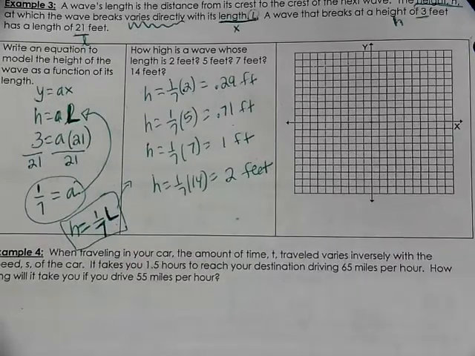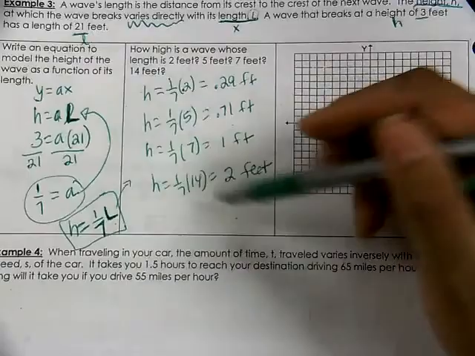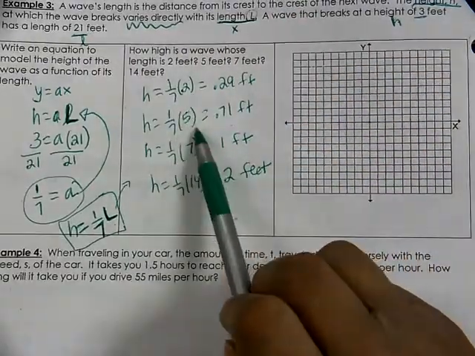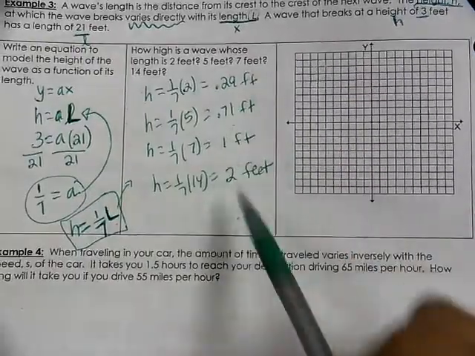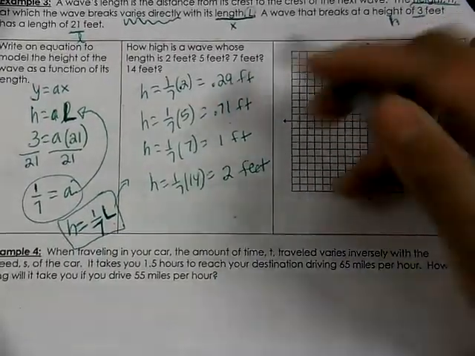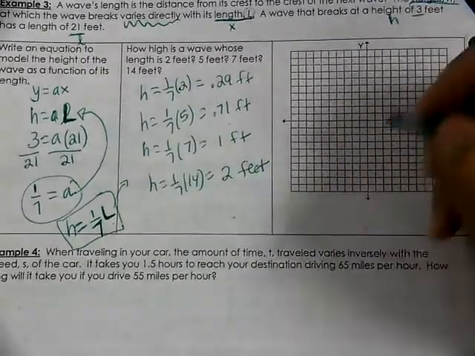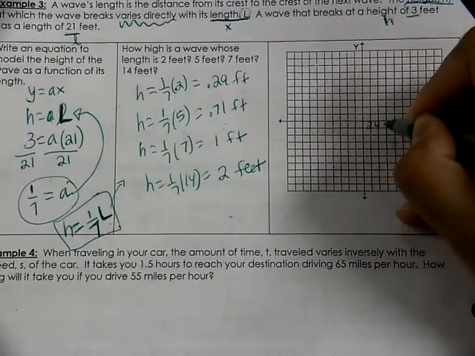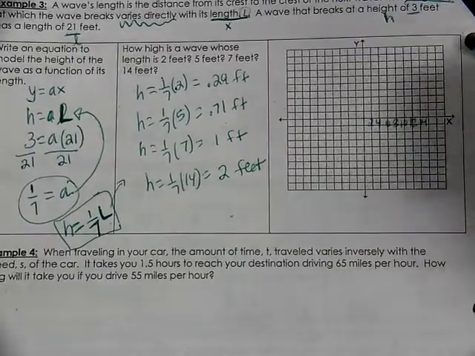All right, and then the last part is plotting the points, seeing what it looks like. It should be a line because it's direct variation, and it passes through the origin. All right, so we're plotting these points. The x values are the ones we put into the parentheses, so 2, 5, 7, 14, and then the y values are what the answers were. So for my x values, I have to go from 2 to 14, so I'm going to jump by 2's here. 2, 4, 6, 8, 10, 12, and 14.